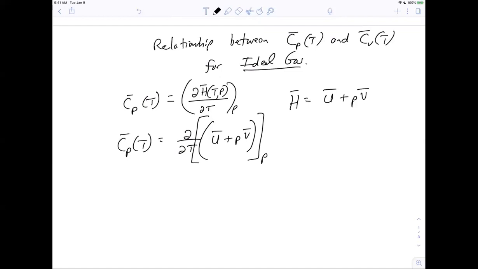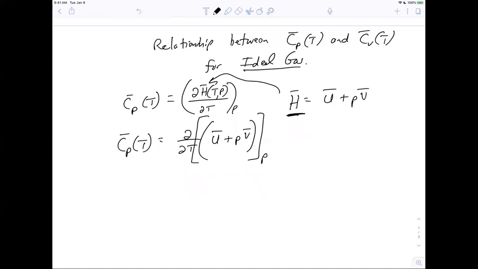Okay, so what I did was substitute H bar into here. H bar is the sum of U bar plus P times V bar. And we take the partial derivative of that sum at constant pressure.